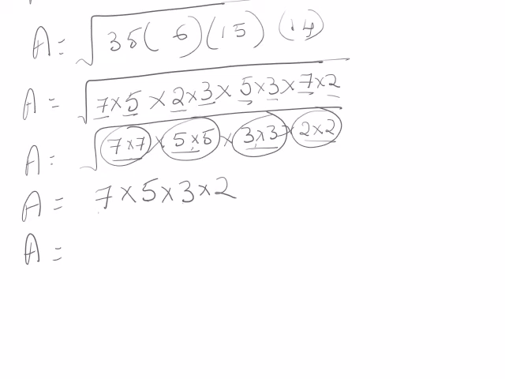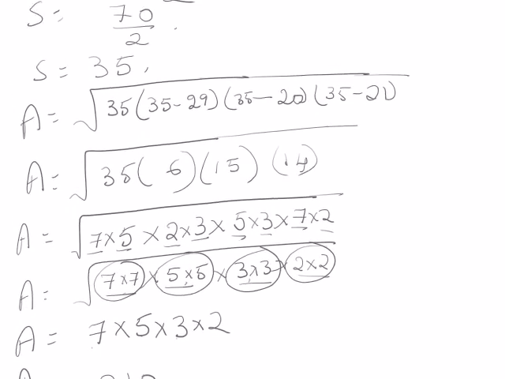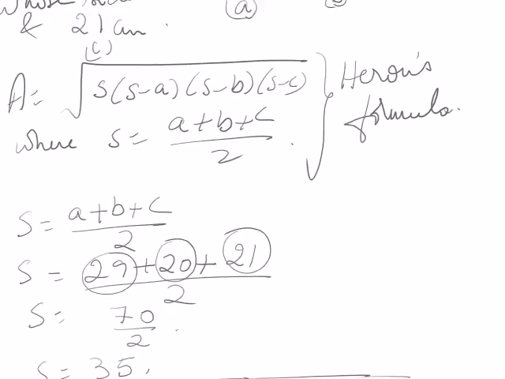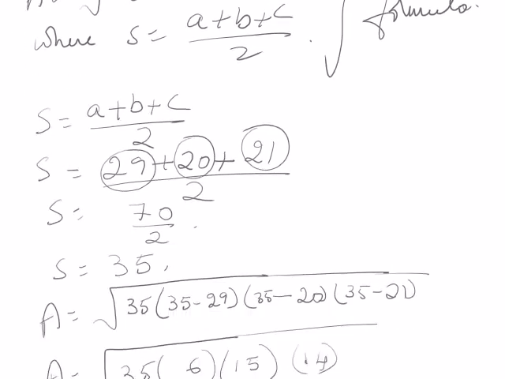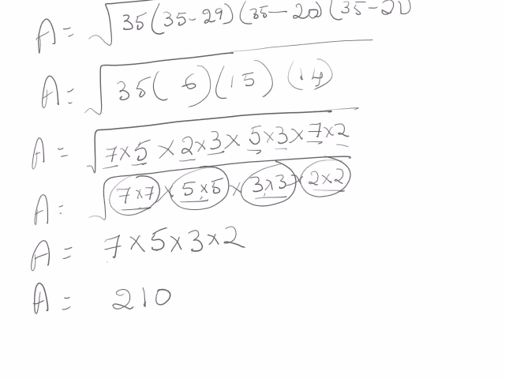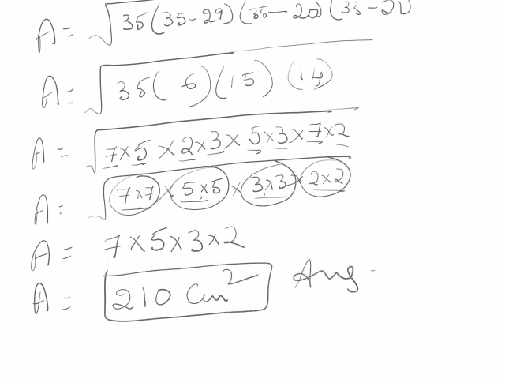So 21 into 10 is 210. This is centimeter square or meter square? What is given? Centimeter. So it will be centimeter square. So that is the answer. Clear? Now you do one question for practice.